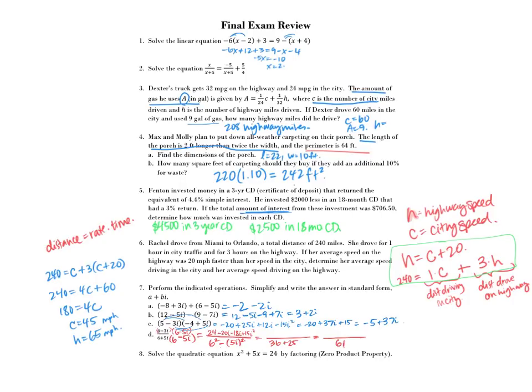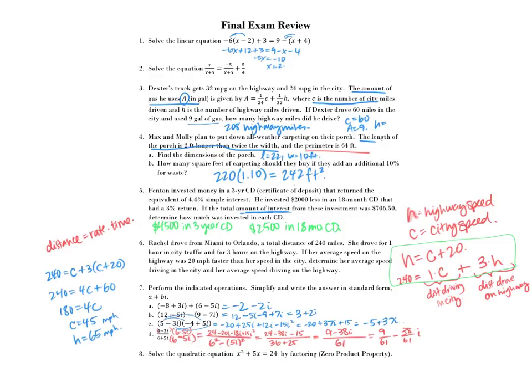And so what is that? 24 minus 38i plus minus 15. Okay, and 24 minus 15 is 9. So 9 minus 38i. Okay, so that's 9/61 minus 38/61 i.